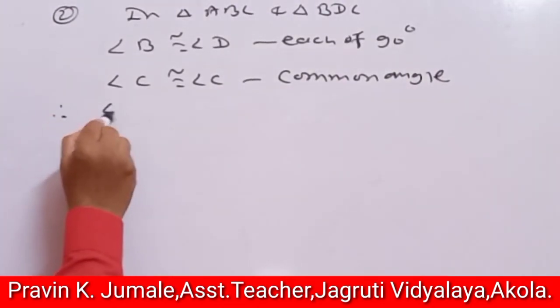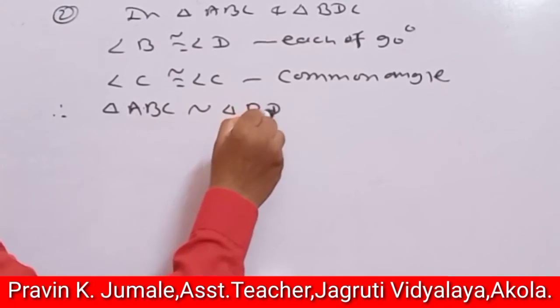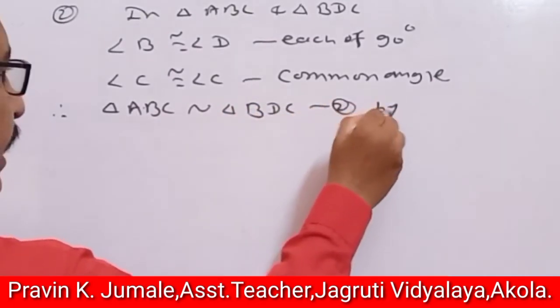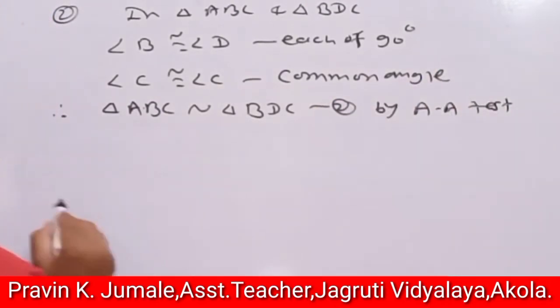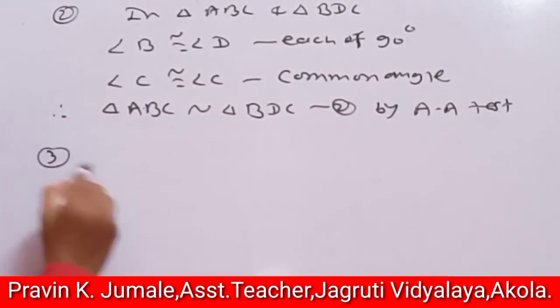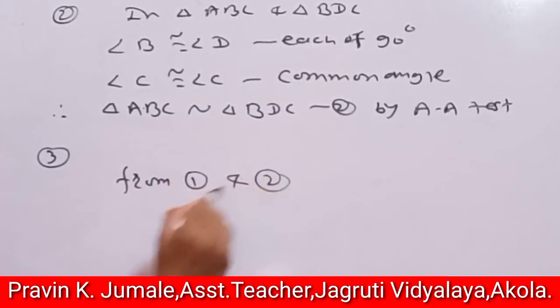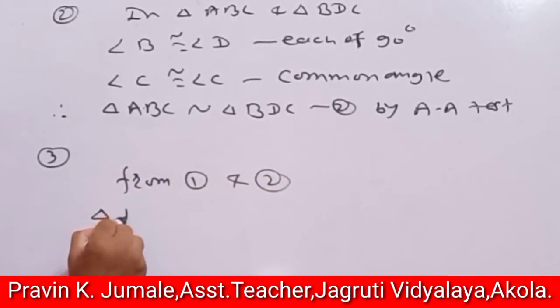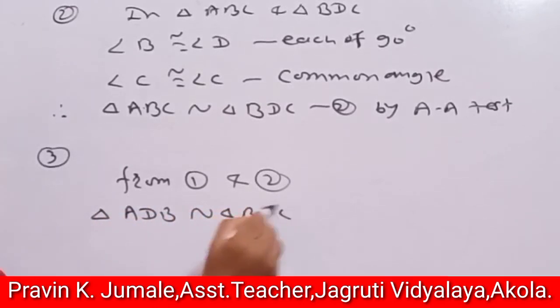Therefore, triangle ABC similar triangle BDC. This is equation number 2 by AA test. These two triangles are similar. Third, from 1 and 2, triangle ADB similar triangle BDC. Hence proved.